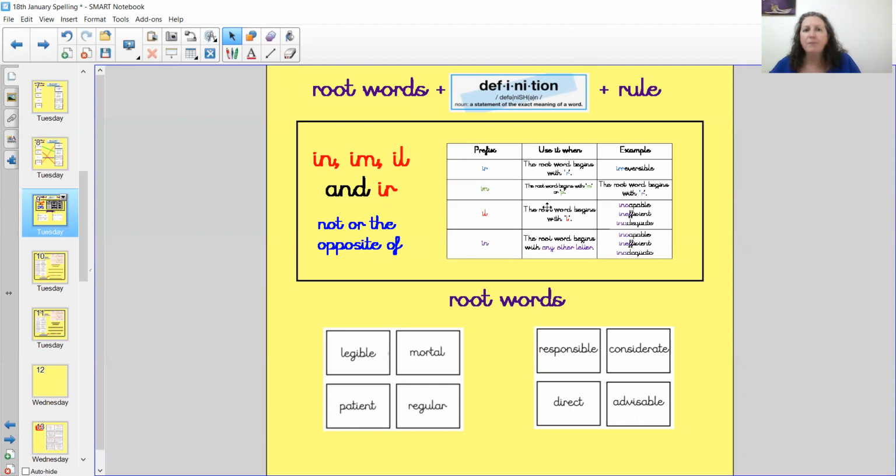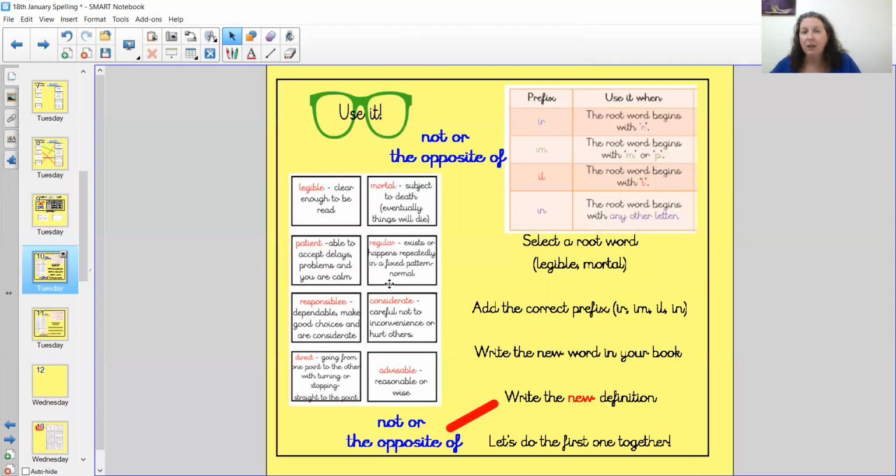Okay, so we are now going to move on to our activity. So I would like you to use those word definitions that you've got, use those root words, and also use our rule.